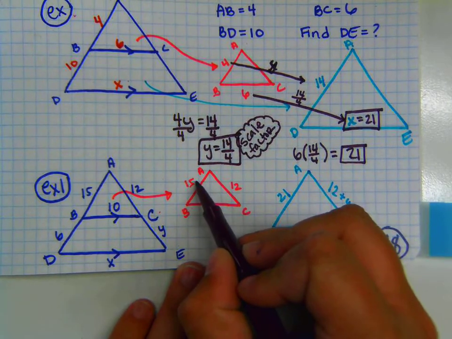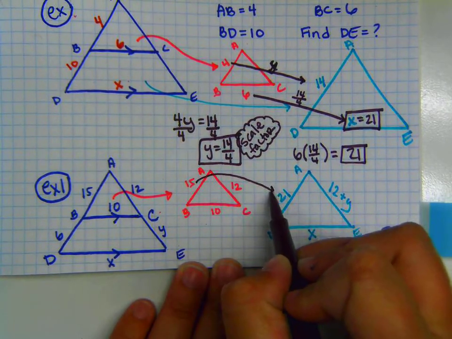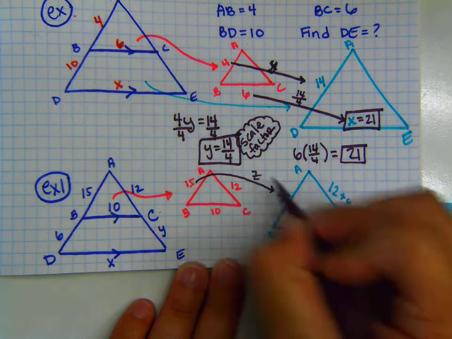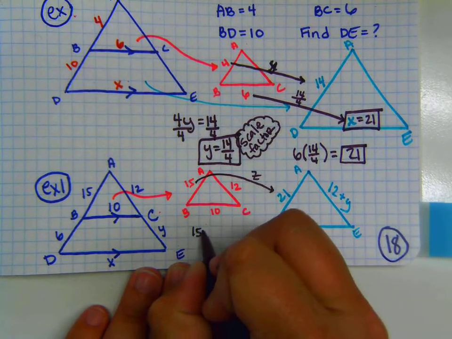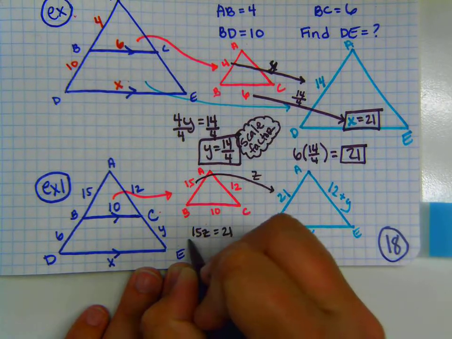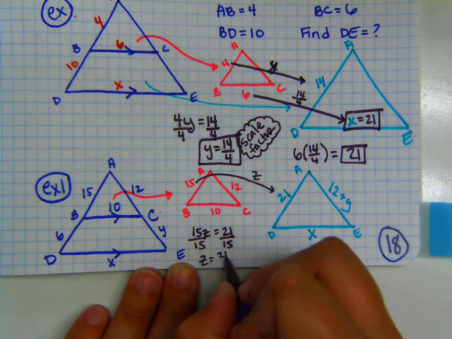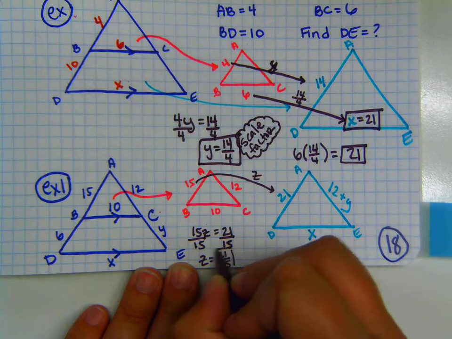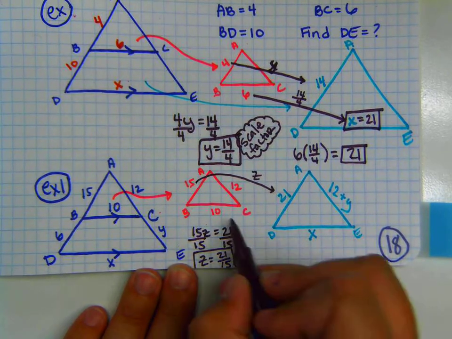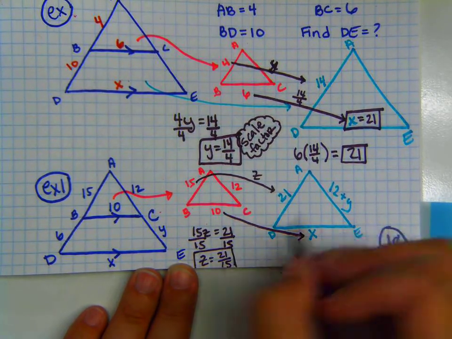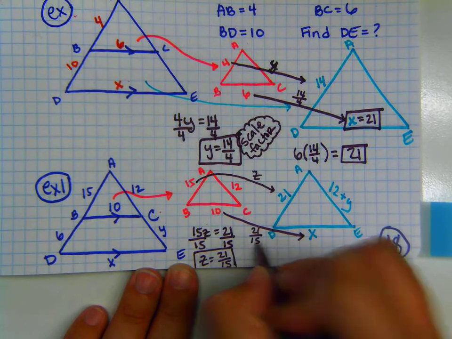This is going to be 15 times something, let's call it z, is going to give me 21. So 15z equals 21. Divide by that 15. So that means our scale factor is 21 over 15.